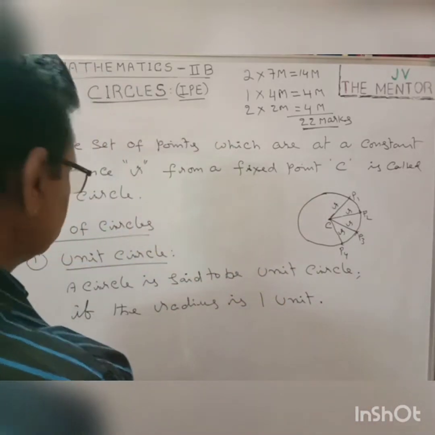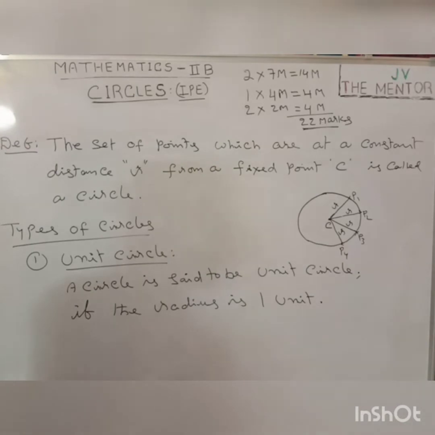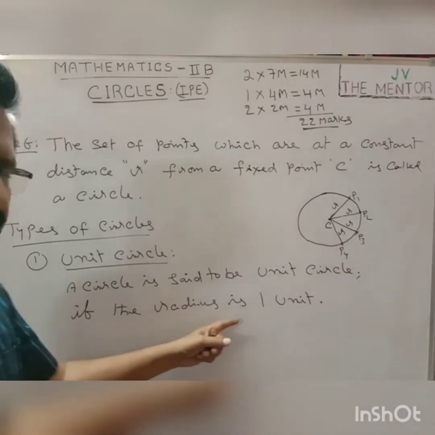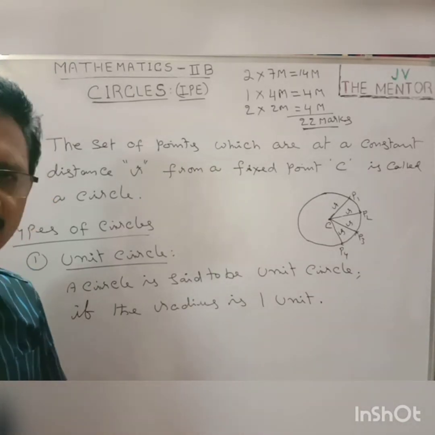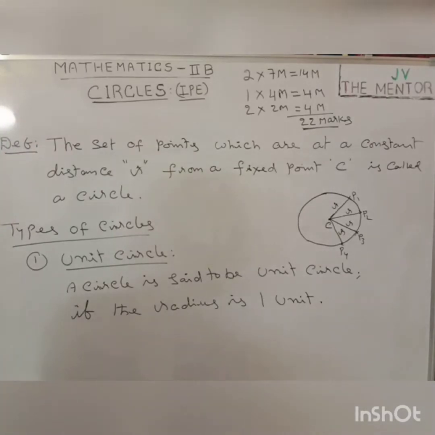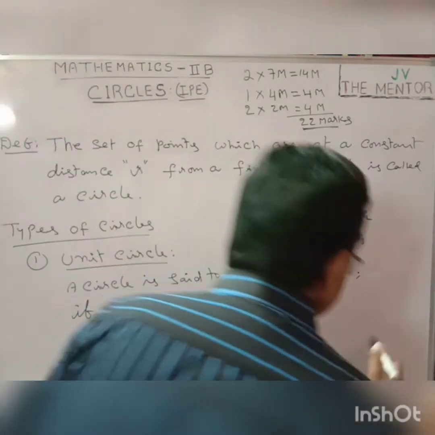Okay. A circle is said to be a unit circle if the radius is 1 unit, then that circle is called a unit circle.